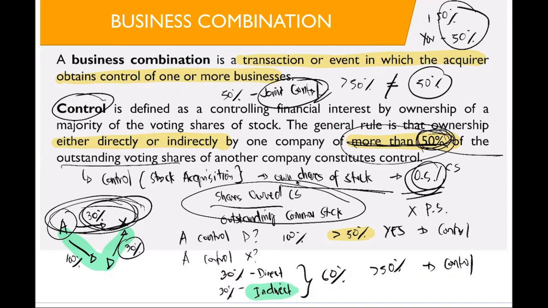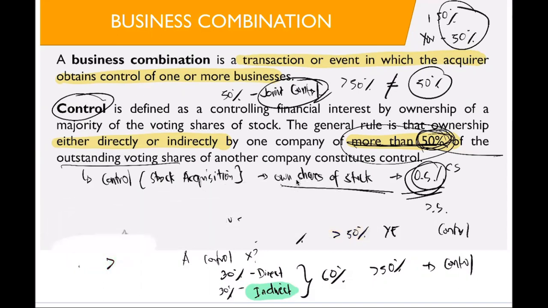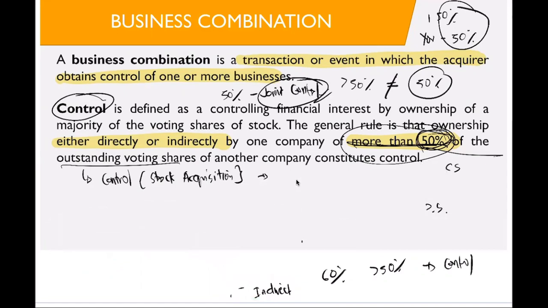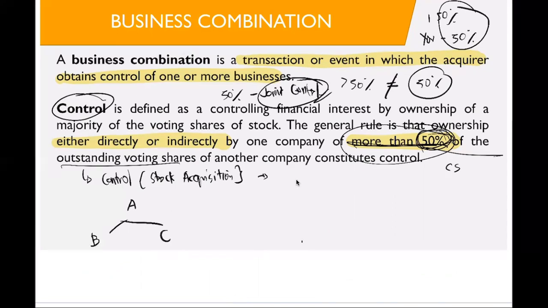Okay, let's have another example regarding direct or indirect. So A owns B and C. A owns B at 30% and C at 90%.